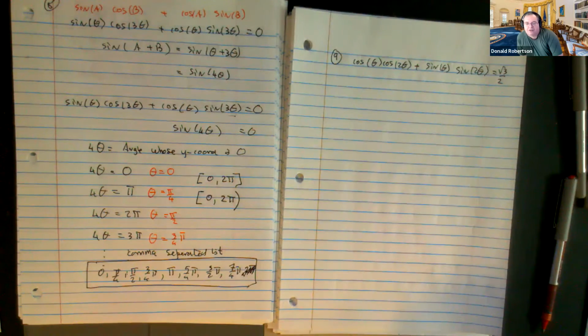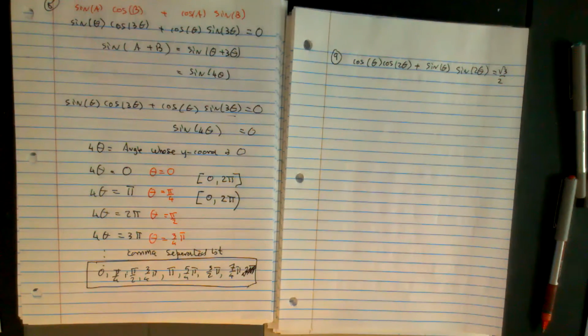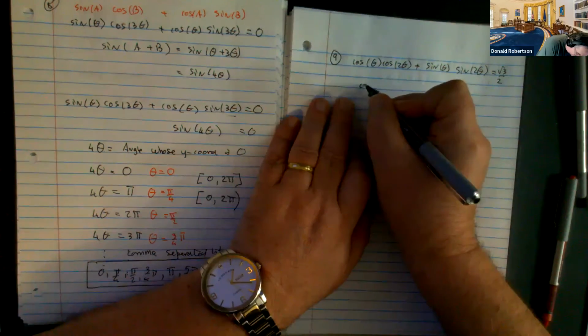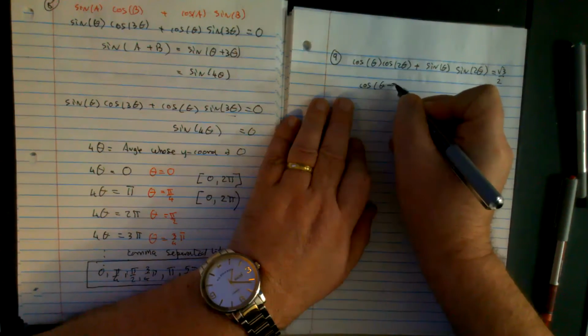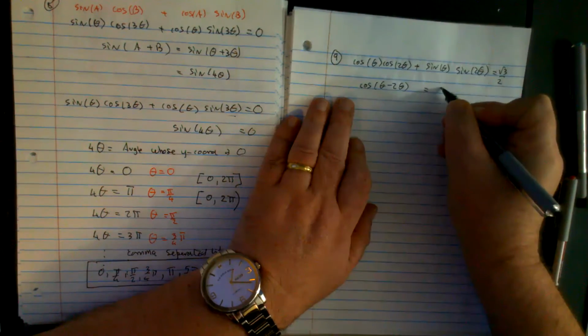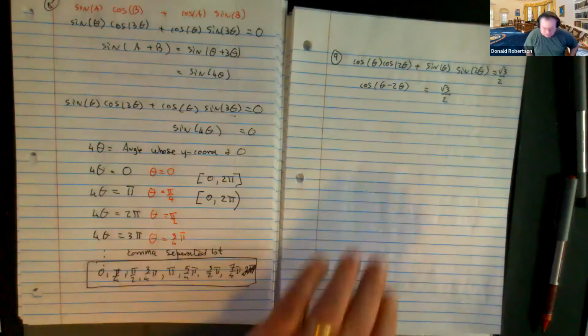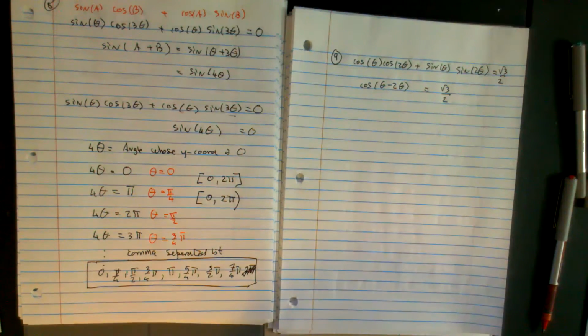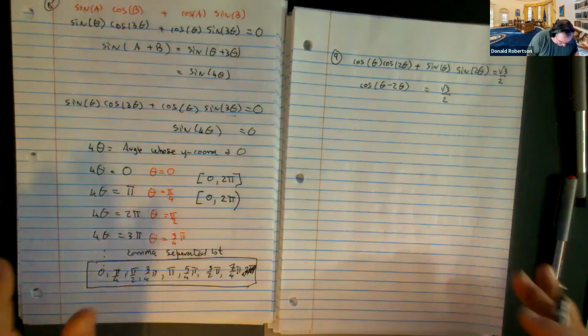Do you recognize anybody who does that? Yeah, it would be cosine of theta minus 2 theta. Right. Well done. Did you have that in front of you, or did it just come to you? No, I remembered them because I thought cosine was really weird because for minus it was a plus. Okay, so little things that stick in your head, that's good.